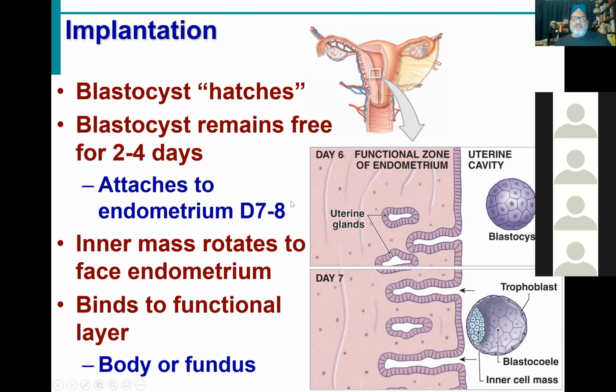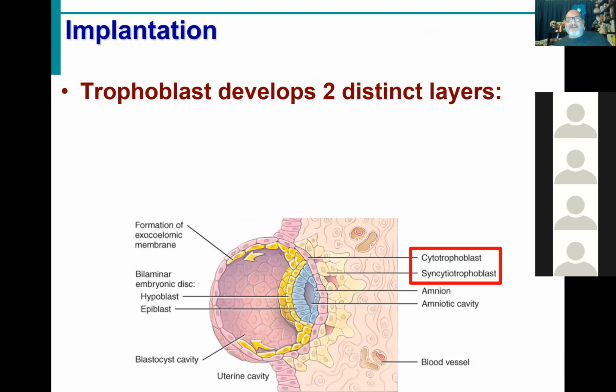Now, obviously, it needs a way to drill into that functional layer, and here we see how that occurs. Remember that outer cell layer, the trophoblast, which we'll highlight here in green, undergoes a change where basically two distinct layers form.